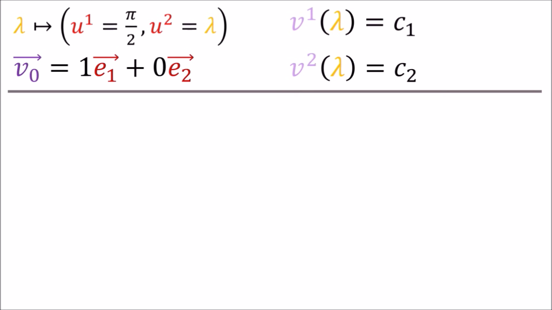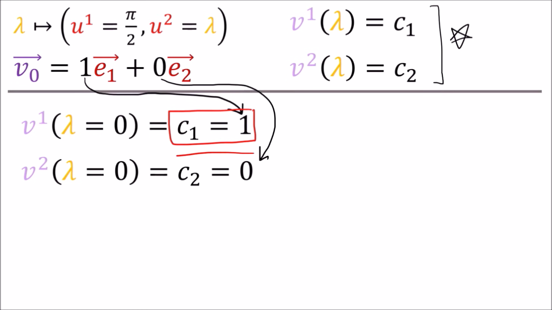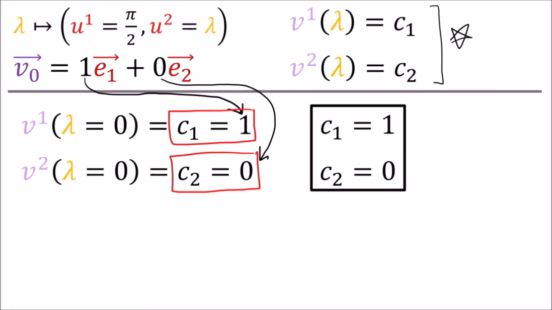So as functions of lambda, the vector components are equal to c1 and c2. And remember, we do have an initial vector which is located at lambda equal to 0. And at lambda equals 0, we require that the vector has the components 1 and 0. So this helps us solve for the constants. We get that c1 is equal to 1 and c2 is equal to 0.